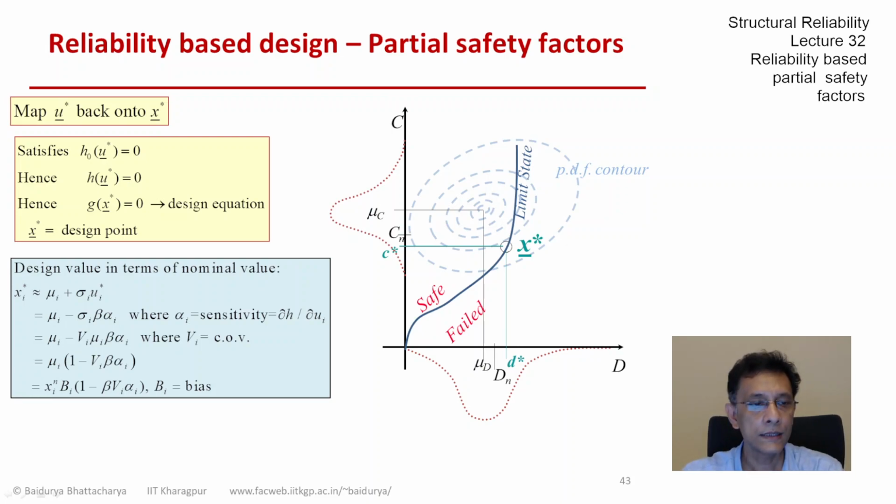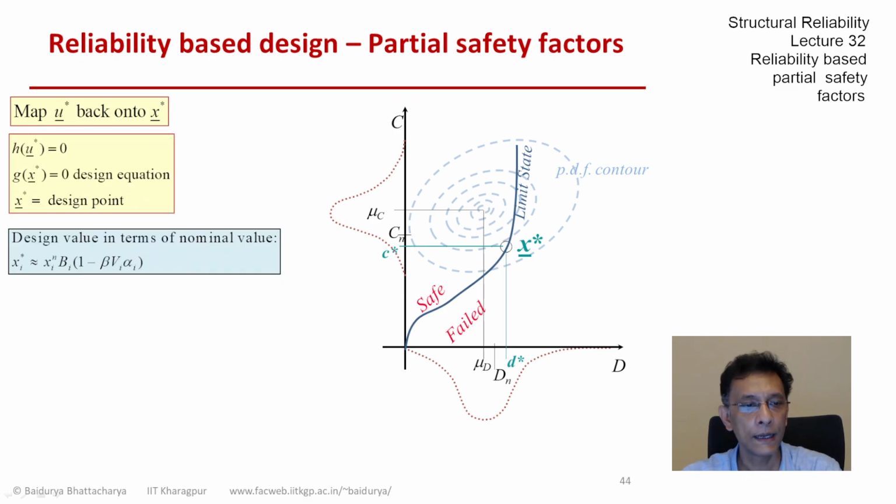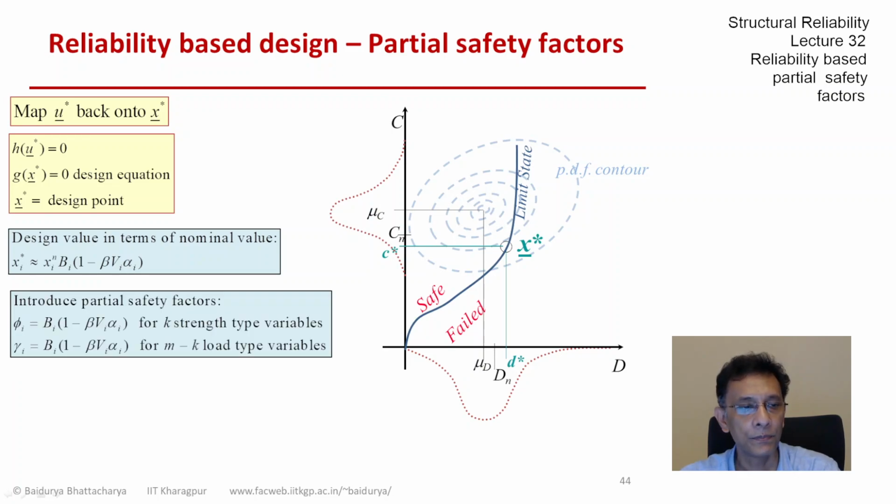So with these things under our belt, we can now introduce the partial safety factors. We call that multiplier b times 1 minus beta V alpha for each of these i's, phi for the strength type variables and gamma for the load type variables.